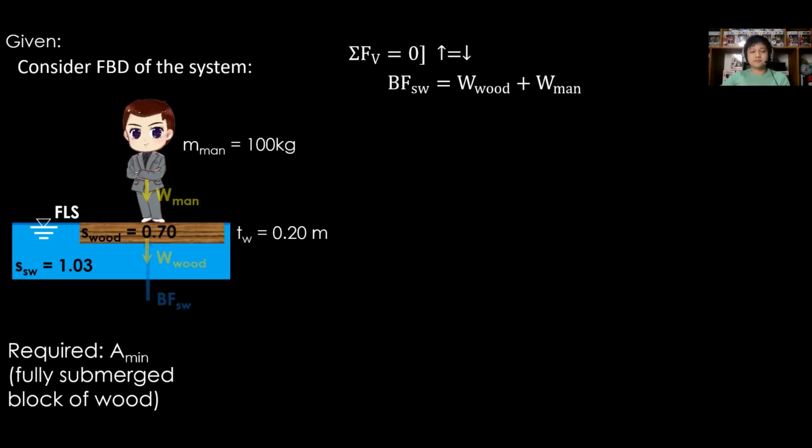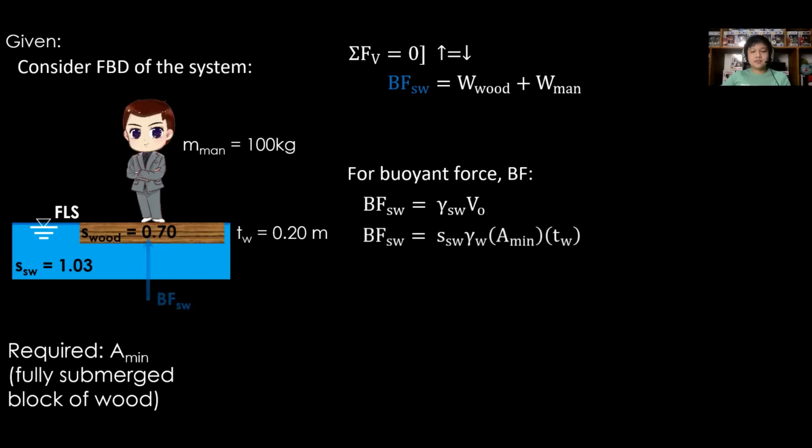For buoyant force, BF, we have BF SW is equal to the gamma of the seawater multiplied with the volume displaced, that is the volume of the block. But for the gamma of seawater, it is equal to the product of specific gravity of seawater and unit weight of reference fluid, that is water.